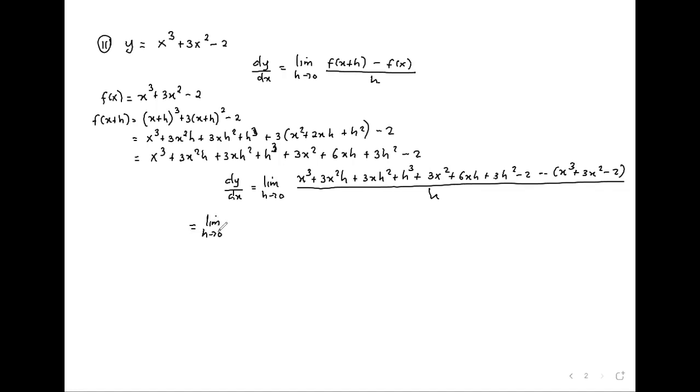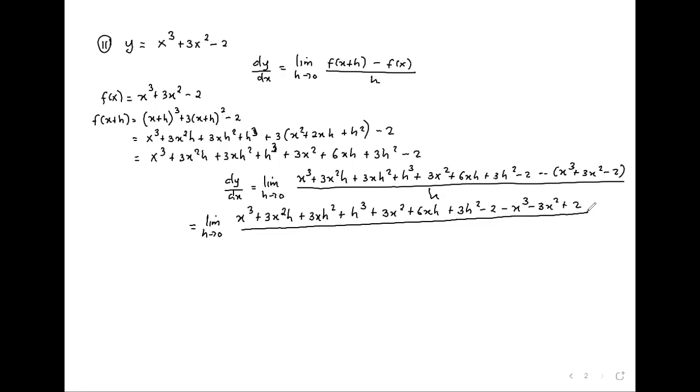Giving us the limit as h goes to 0 of x3, 3x squared h, 3x h squared, h3, 3x squared, 6xh, 3h squared, minus x3 minus 3x squared plus 2, everything over h.